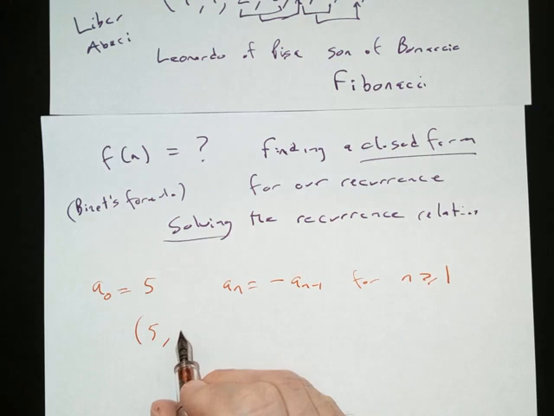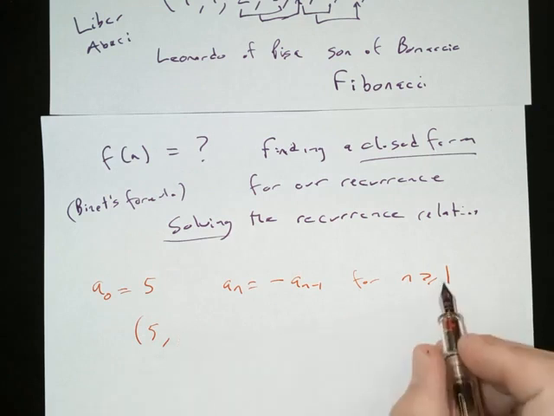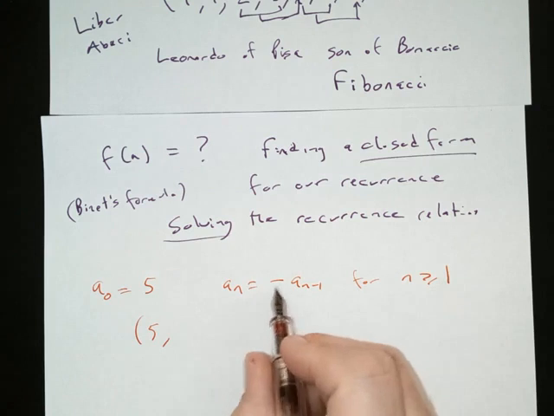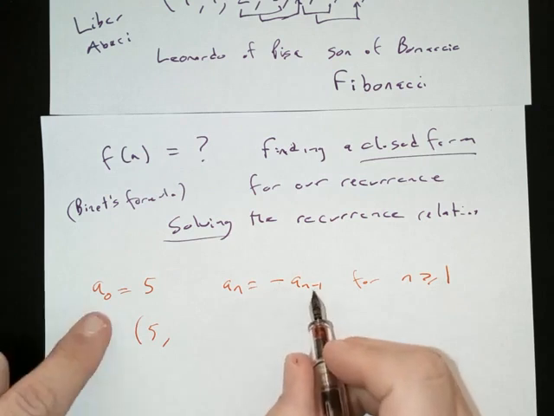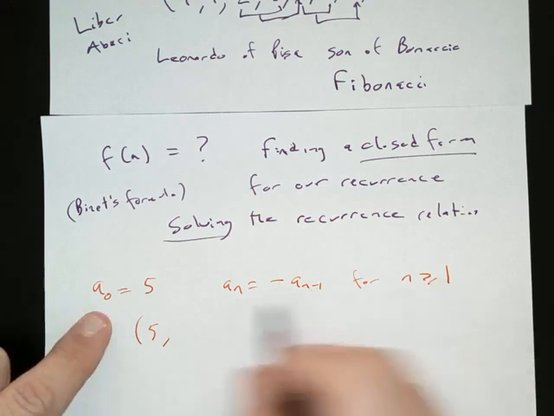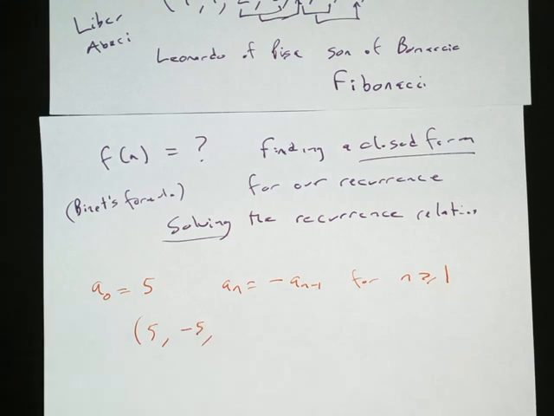The next number. A1 is minus A0. A0 is 5, so A1 is minus 5. What's A2?